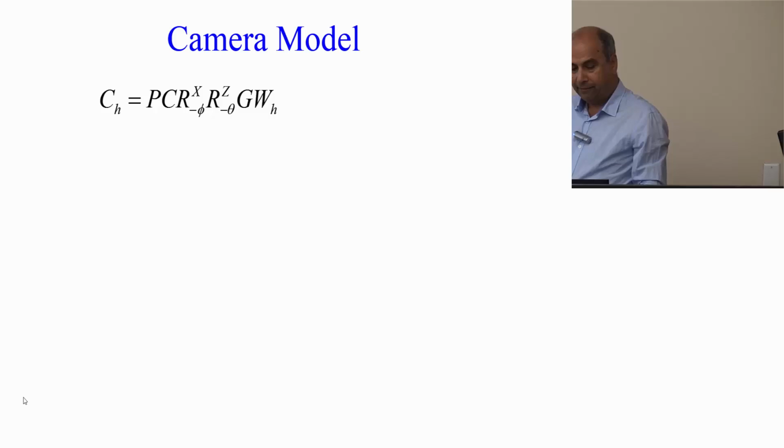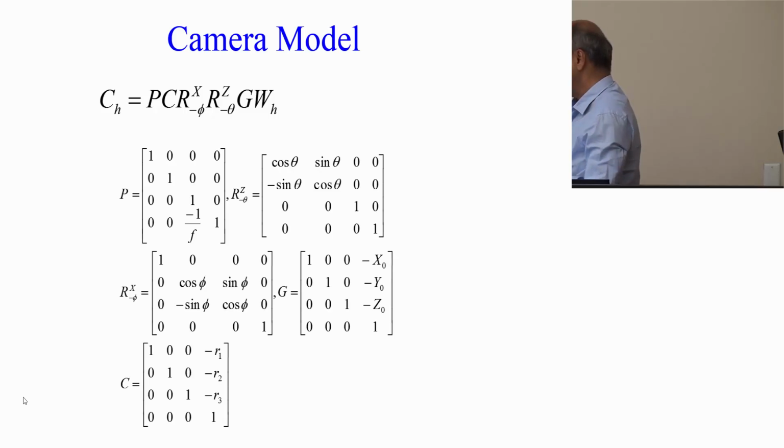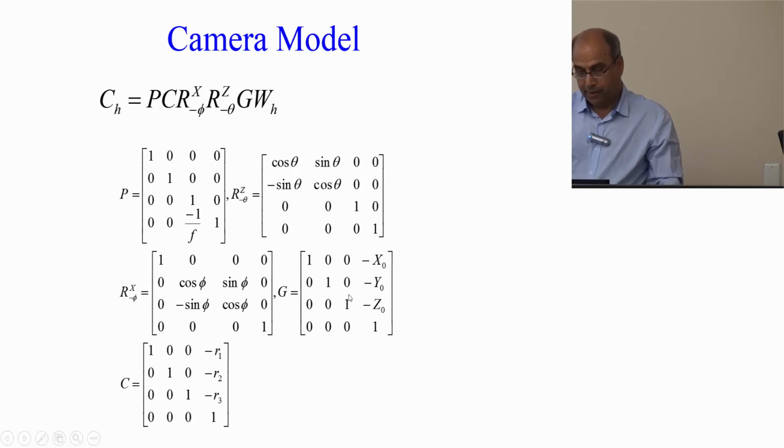So keeping that in mind, we have these transformations, and we have these matrices we already talked about. The first one is our G matrix, which is the translation in x0, y0, z0, and we have put the inverse here because we are translating the camera, not the object.